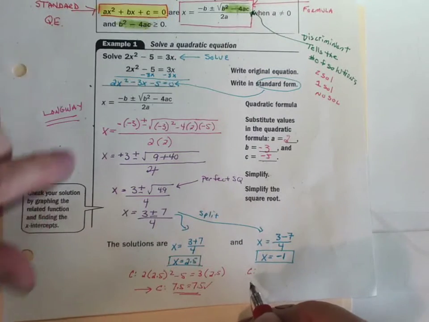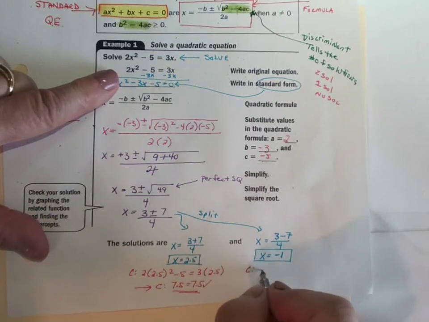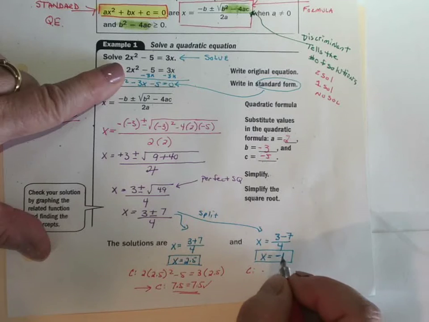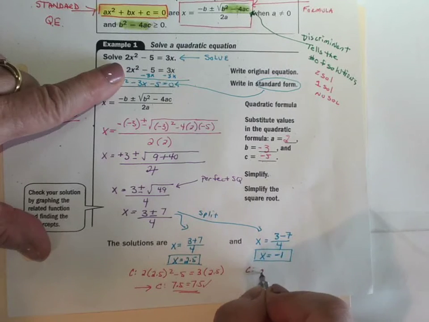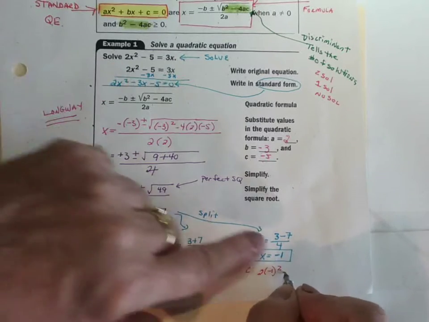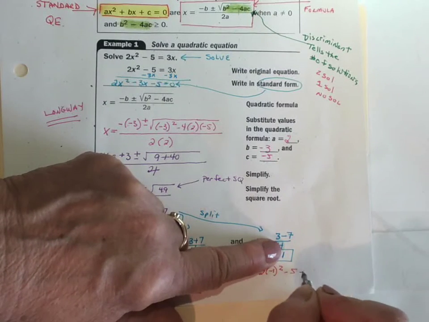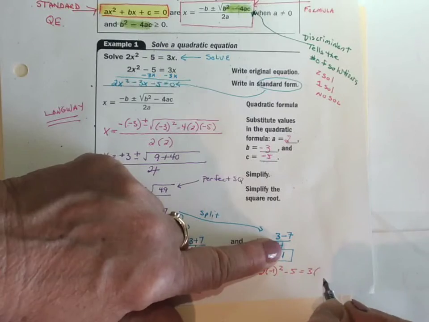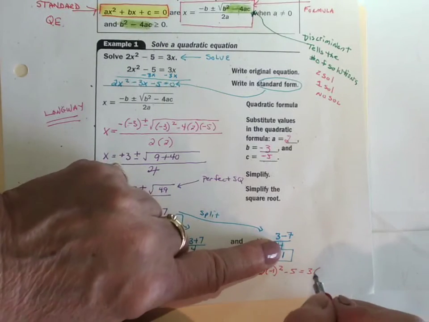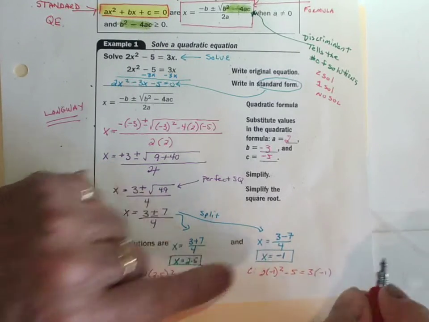Okay. So now I'm going to check the other equation. The negative 1. So 2 times negative 1 squared minus 5 is equal to 3 times negative 1.